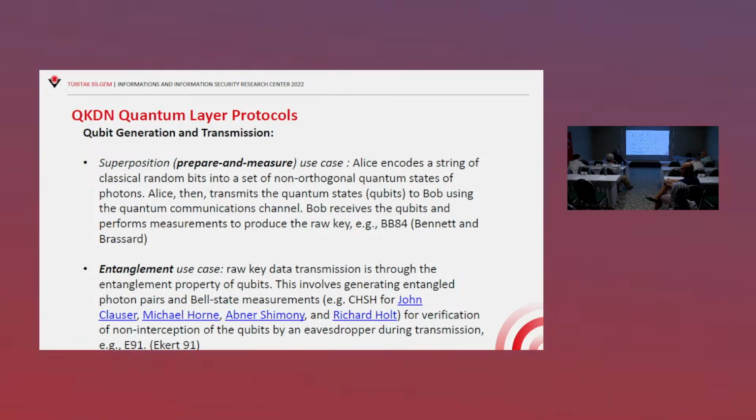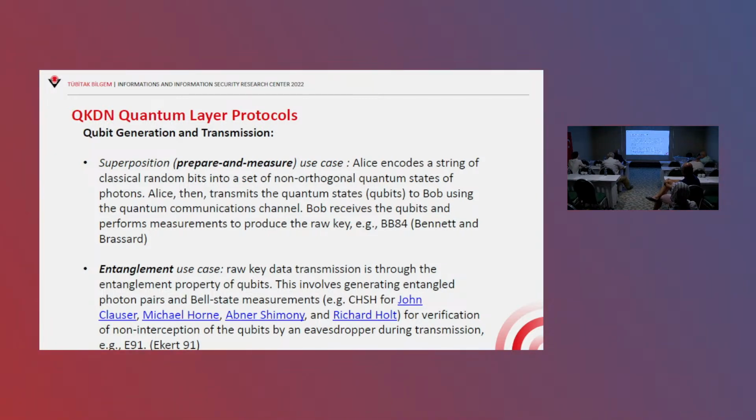And the second would be entanglement. Again, raw key data transmission is through the entanglement property of the qubits. And this would entail generating entangled photon pairs and then using Bell state measurements to ensure that there's no interruption or intervention in the communication.